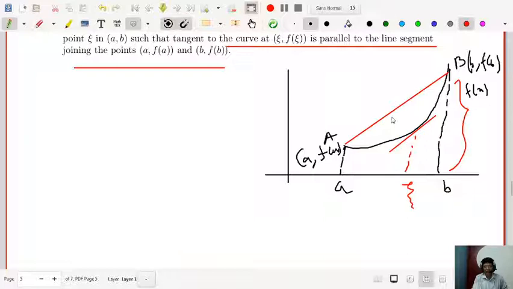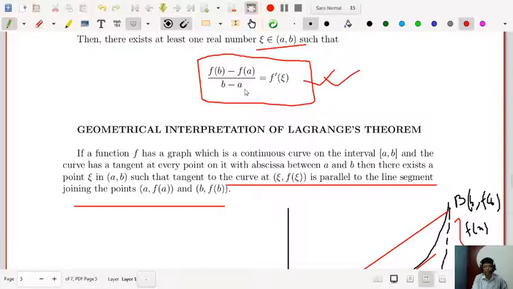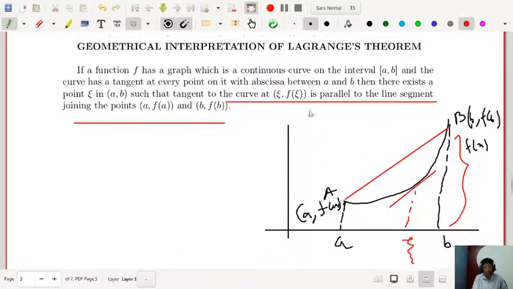You look at that, this is the chord and these two lines are parallel, that is the tangent at xi is parallel to the line segment joining A and B. So this is the geometrical interpretation. And what is the slope of the chord? Slope of the chord is (f(b) minus f(a)) by (b minus a), y2 minus y1 by x2 minus x1. Because they are parallel, their slopes will be equal.